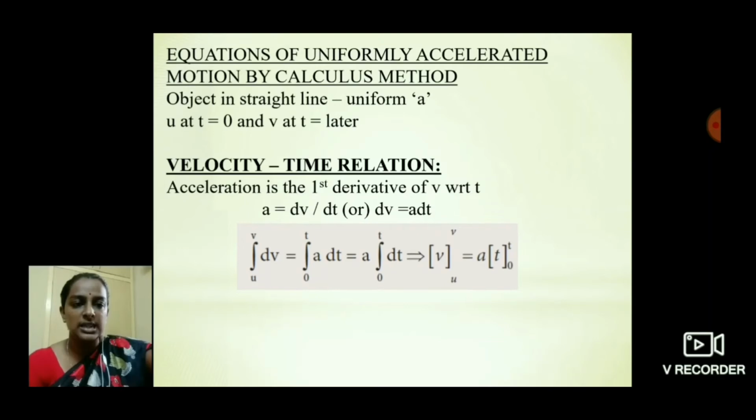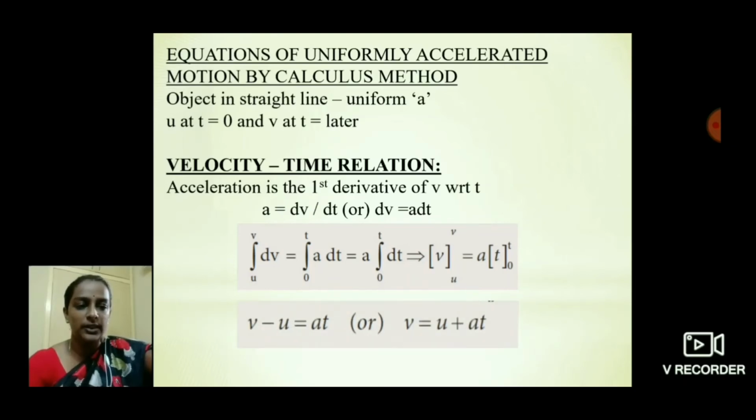Therefore, when we integrate, integral from u to v of dv equals integral from 0 to t of a dt. So finally, we get v minus u equals a t. Therefore, we get v equals u plus at. This is the relation between velocity and time.